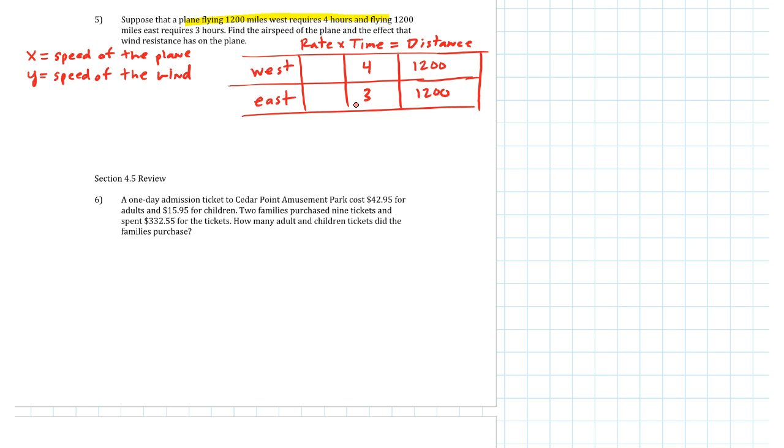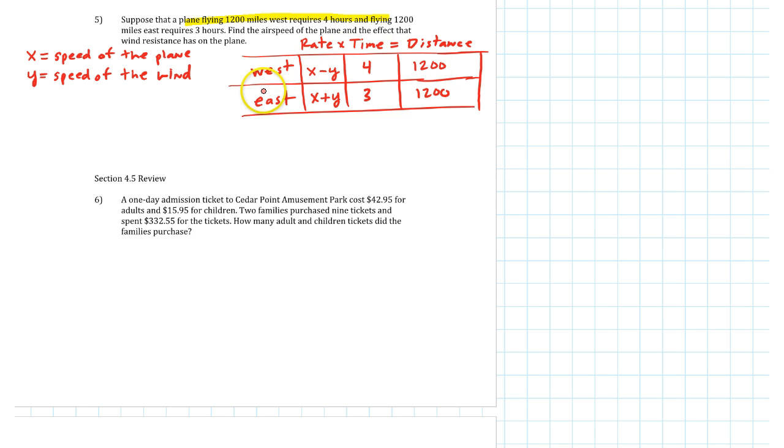So, since it takes more time to travel west in the same amount of time as it takes to travel east, we know that the wind is hurting or going against the plane when you're heading west, because it takes more time. So this is going to be the speed of the plane minus the speed of the wind. For east, you must be with the wind, so it's going to be speed of the plane plus speed of the wind.